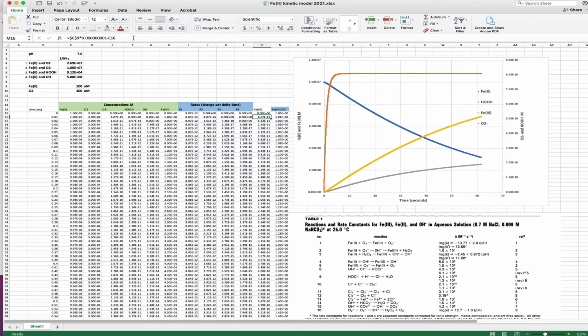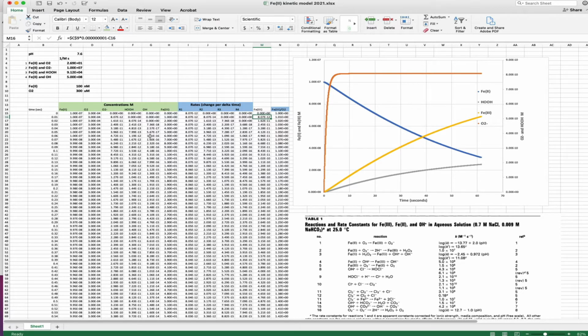And C16 is the iron 2 concentration that's left behind. So if you start with 100 nanomoles of iron and you got 99 nanomoles left, you got 1 nanomole of iron 3. So that just comes from a simple mass balance.